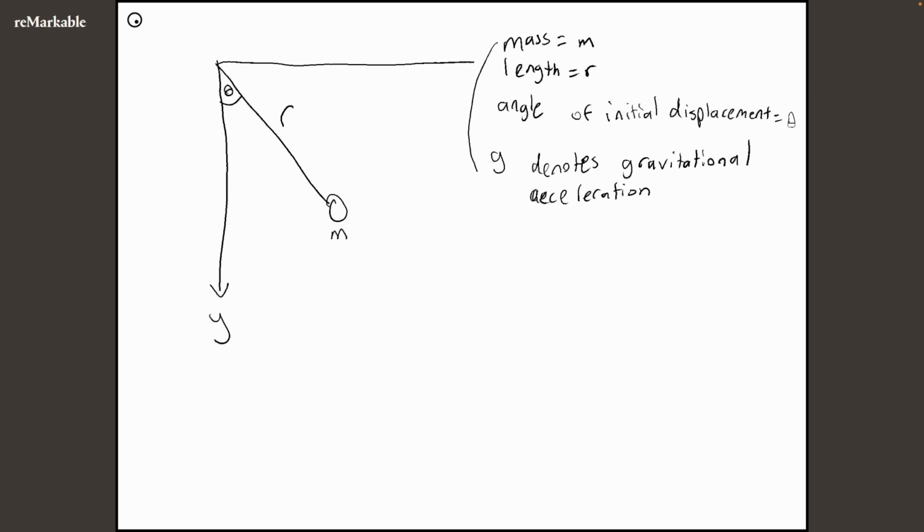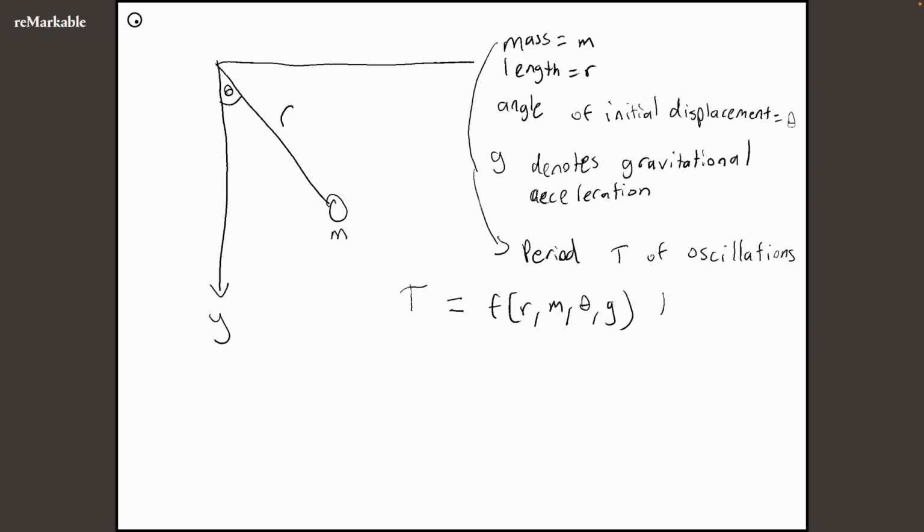Now, using these four values, we want to find the period tau of oscillations. This means we want to find tau is equal to a function of r, m, theta, g, where tau is a dependent variable.